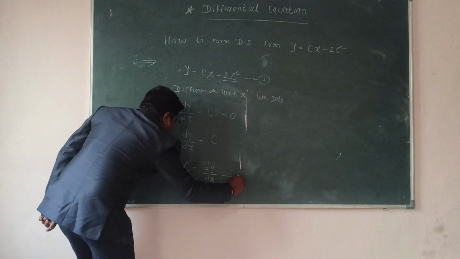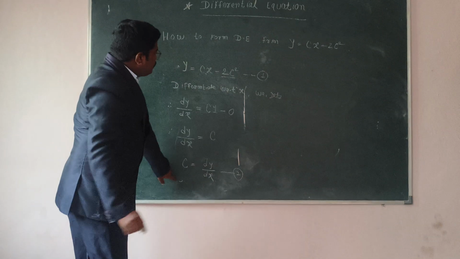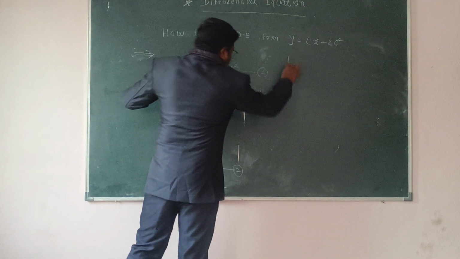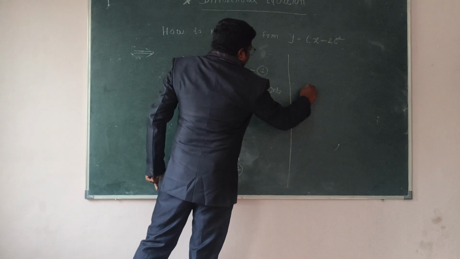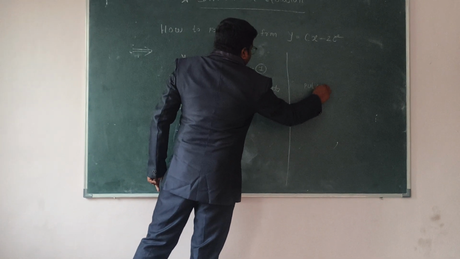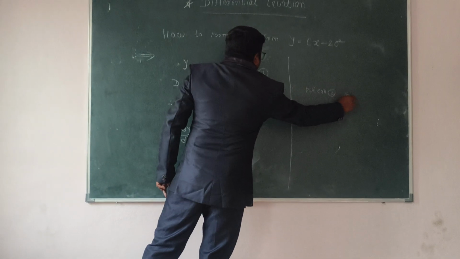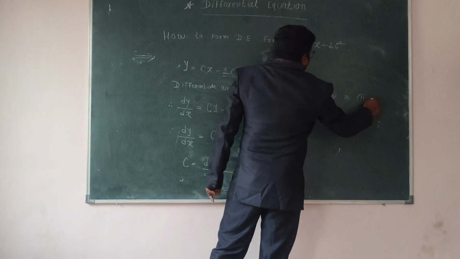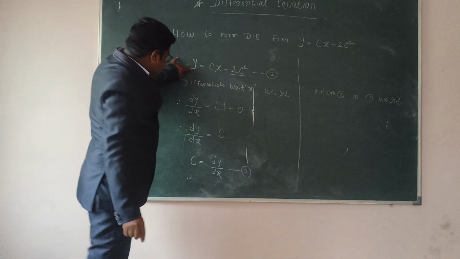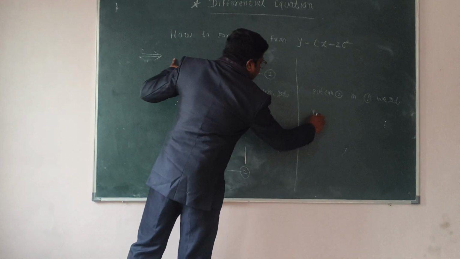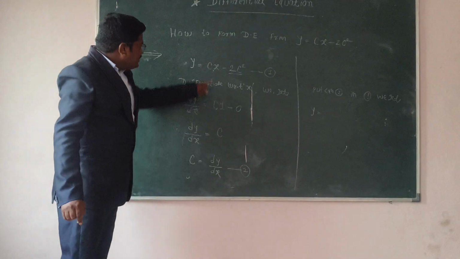This is equation number 2, and we put equation 2 in equation 1. We get: y is as it is, and the value of c is put in this equation.